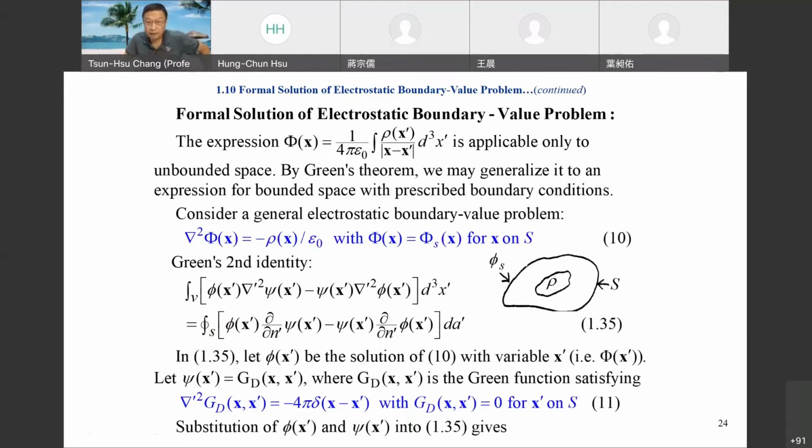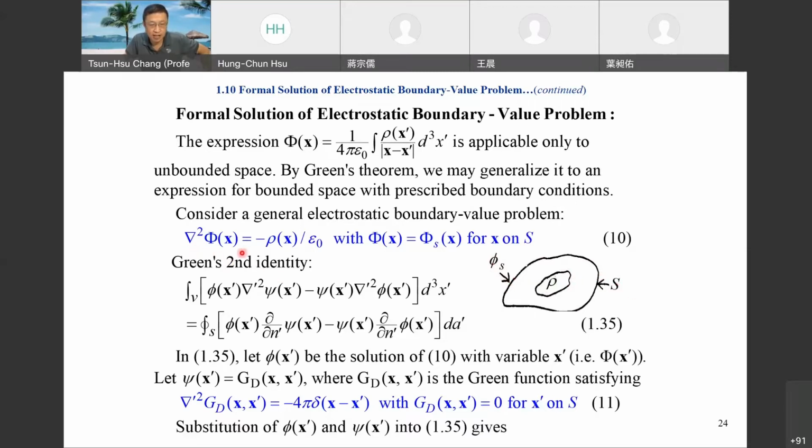First, we will consider a general electrostatic boundary value problem. Let me change. We have a surface, we have a source inside this surface, and we have potential specified on the surface.